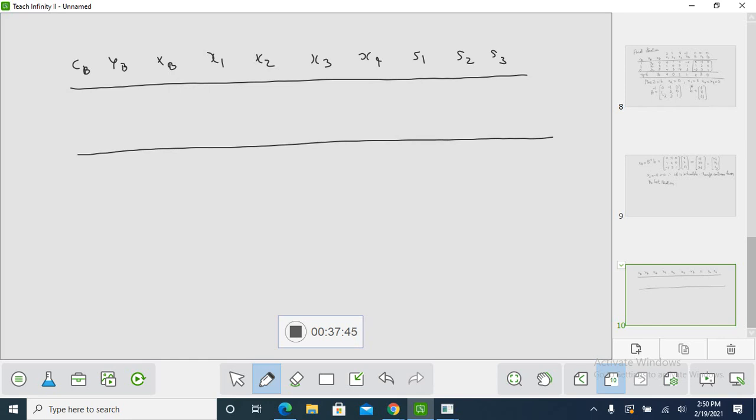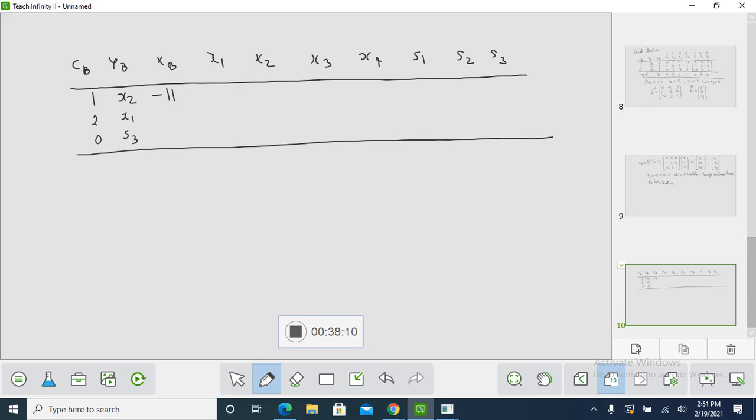Yes, X2 I should change. That means what should I change in this table? Here I will have 1, 2, 0. Here I will have X2, X1. Yes, the total XB column we will change. In that, I will replace my X2 value as minus 11.